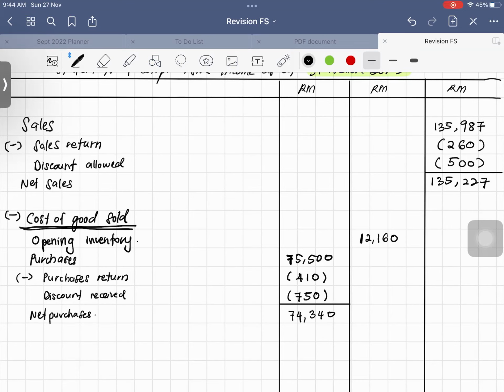Okay. It's the same as net sales earlier. Your sales minus sales return, minus discount allowed, you get net sales. So it's the same: purchases minus purchase return, minus discount received, you get net purchases. Okay. But purchases has a bit of a special case. It's not like sales. You have to plus any expenses on purchases, according to the format.